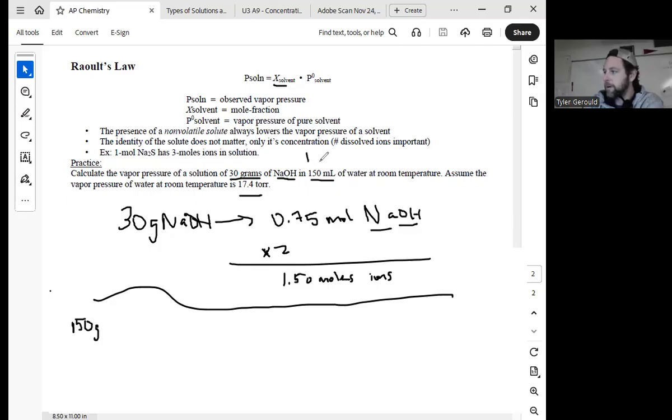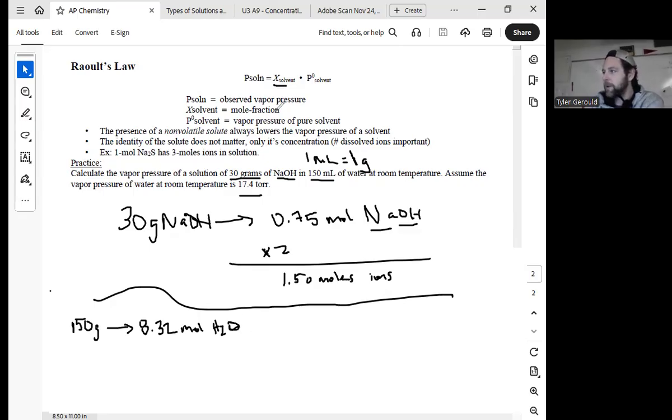Every 1 milliliter of water equals 1 gram. That is something you should just know about water, just like you know the boiling point and freezing point of water in Celsius. So 150 grams of water is going to be 8.32-ish moles of water. You can see the moles of water is generally going to be much higher than the moles of ions, just because there is so much more water than there is solute.